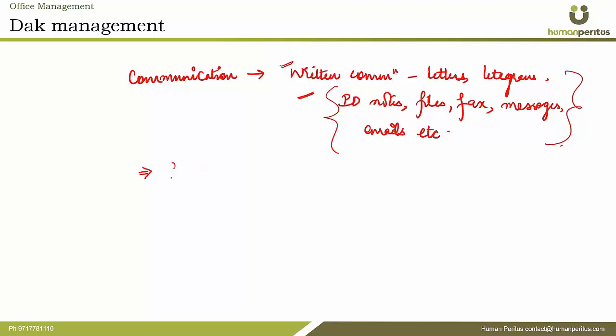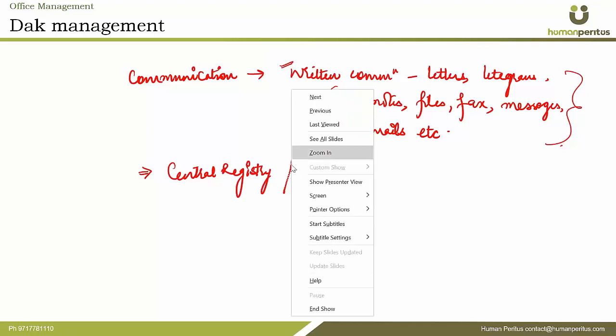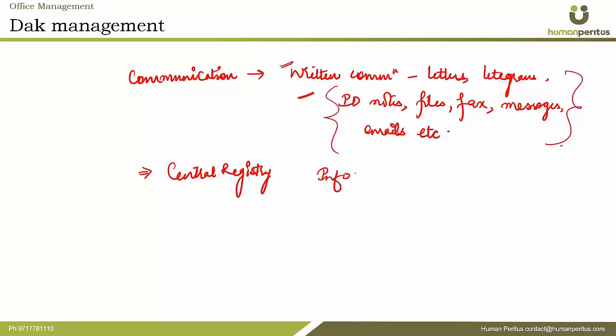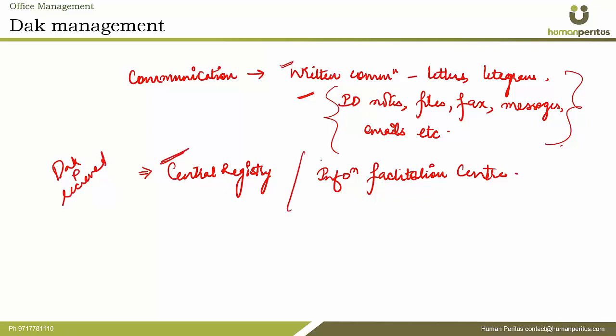So the dak is received in the central registry, which is maintained by each department separately, or the information facilitation center. These are the units specifically designated to receive the dak, and from here the issue of dak is held.